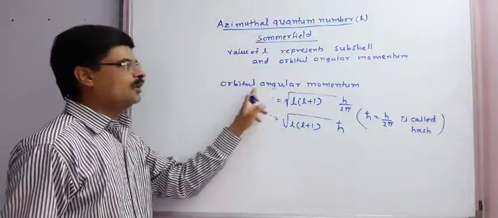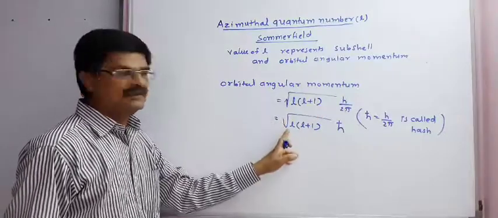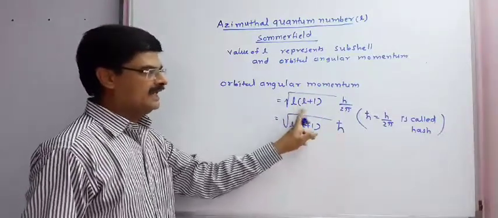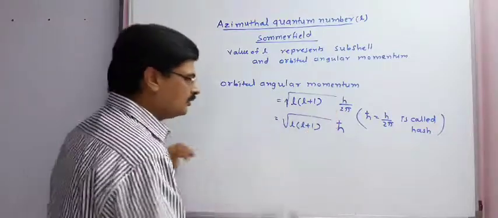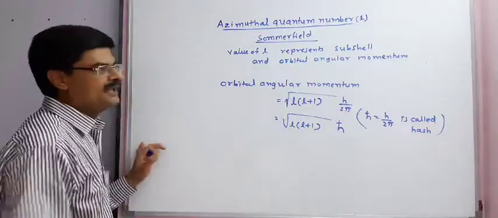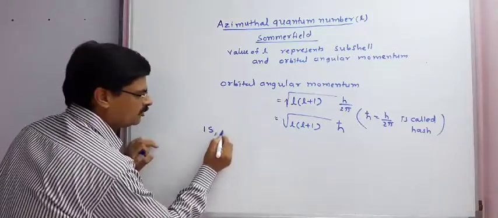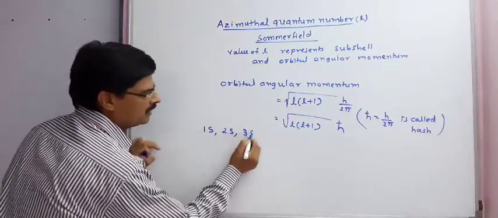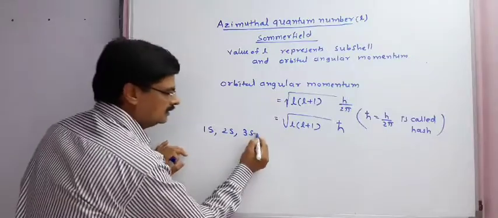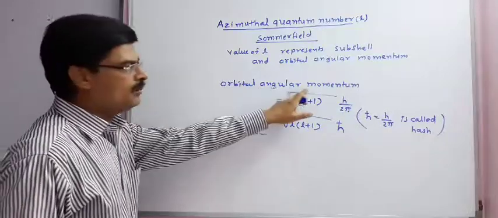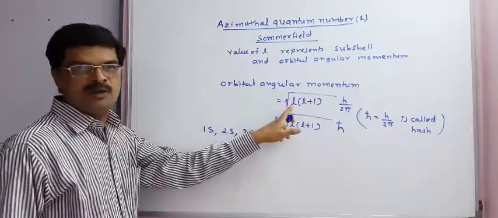Now again, orbital angular momentum is given by the formula root of l into l plus 1 times h upon 2 pi. So first we find orbital angular momentum for the s orbital, 1s orbital or 2s orbital or 3s orbital, because orbital angular momentum depends on the value of l.